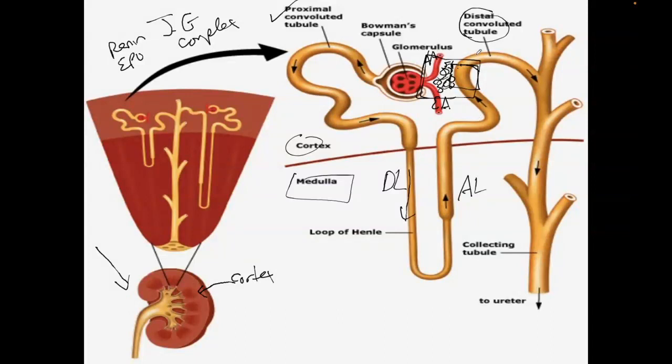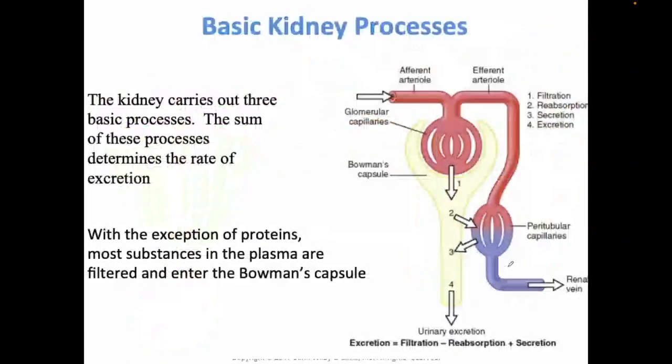After the DCT, the distal convoluted tubule, we're now into the collecting tubule. These are collecting ducts. All the collecting ducts lead into the collecting tubule, which leads into the ureter.